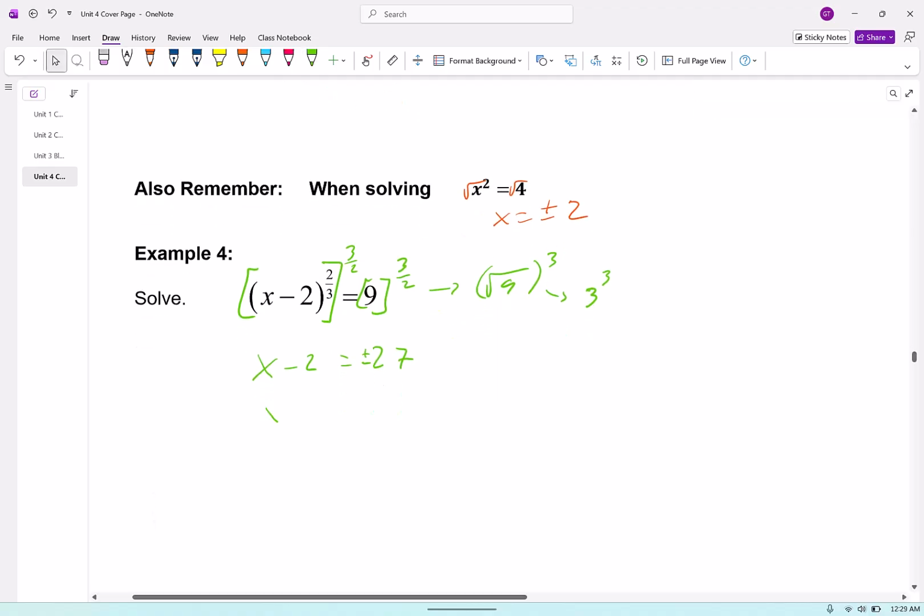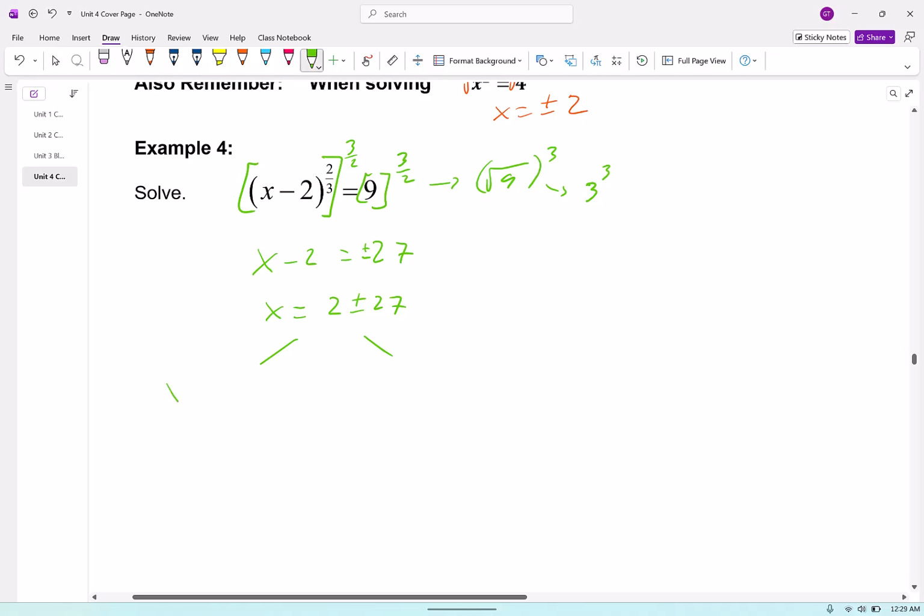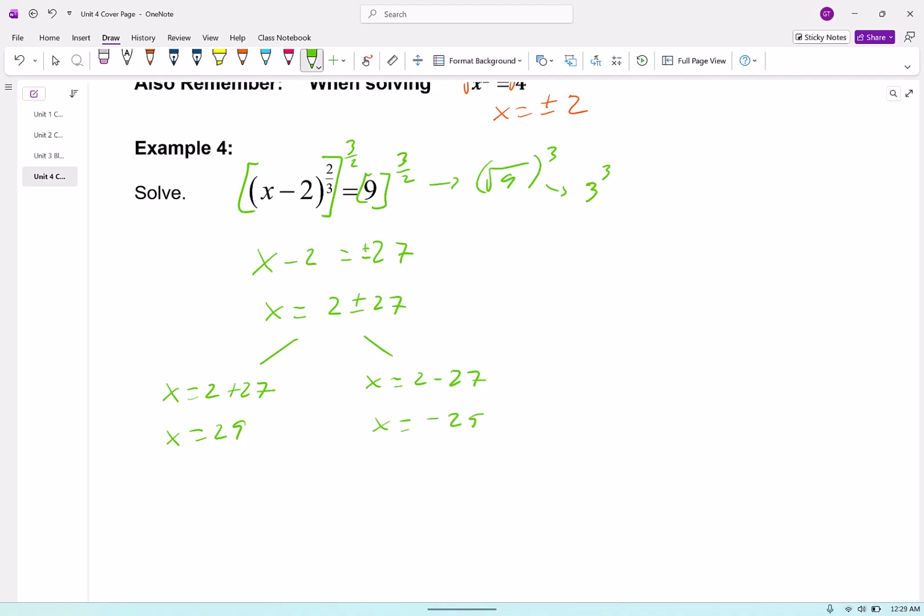So then I get x equals 2 plus or minus 27. What does that mean? It means I got x equals 2 plus 27, and I got x equals 2 minus 27. So x equals 29, and then x equals negative 25.